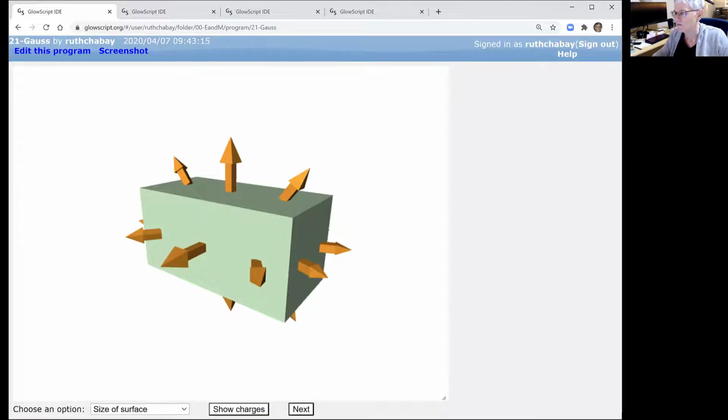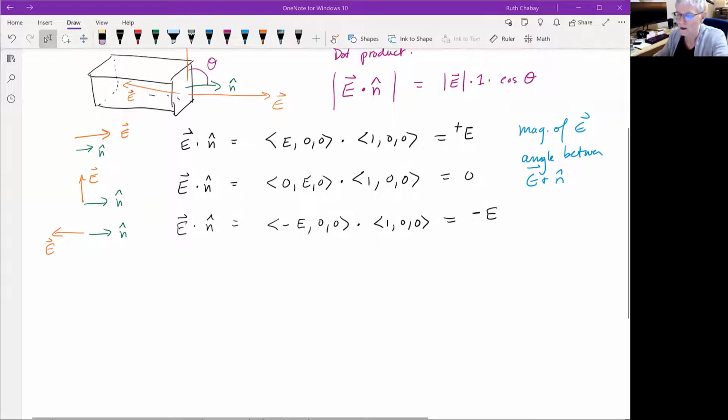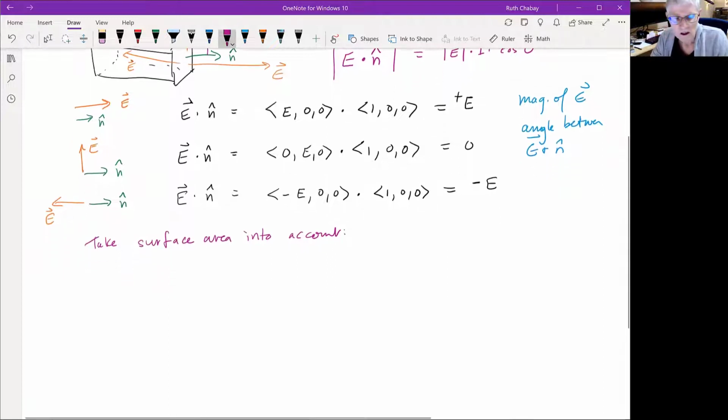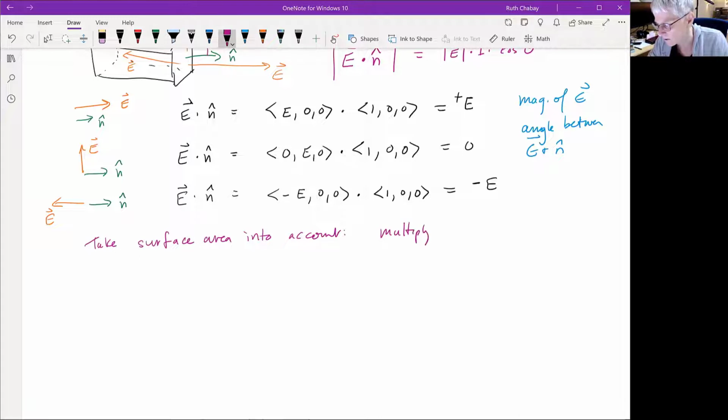And so one clear way to do that is just to make sure that we multiply by the surface area.